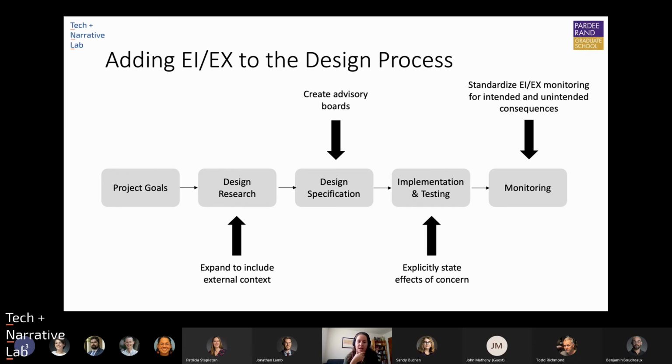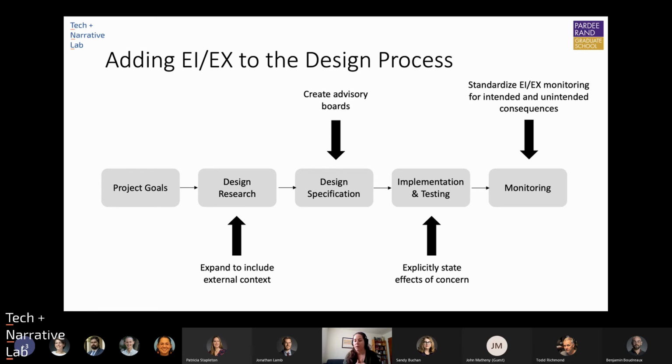So things like expanding the groups that are involved or the context that we're thinking about in terms of the research for designing a technology, and creating an advisory board as the specifications are being created for it. Explicitly stating transparency, I think, is a big aspect of equity.